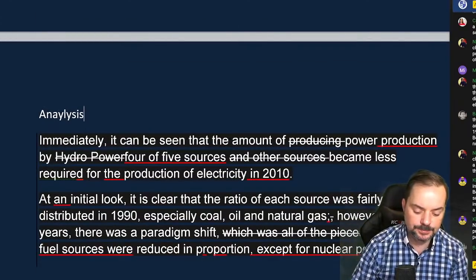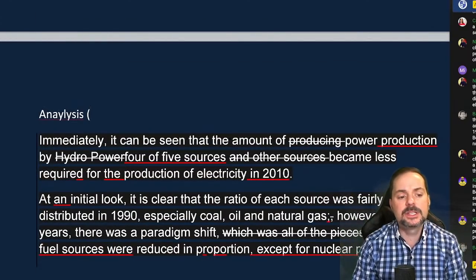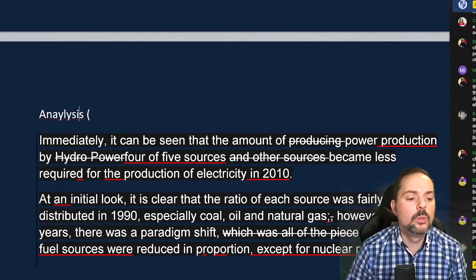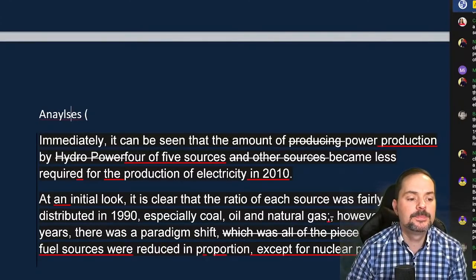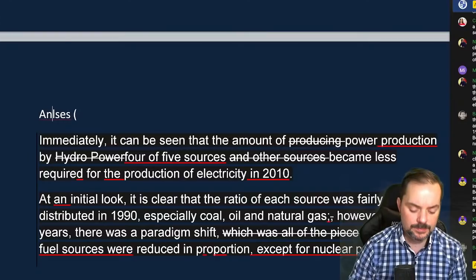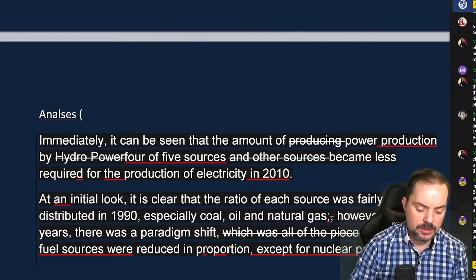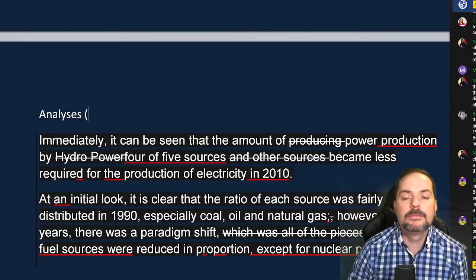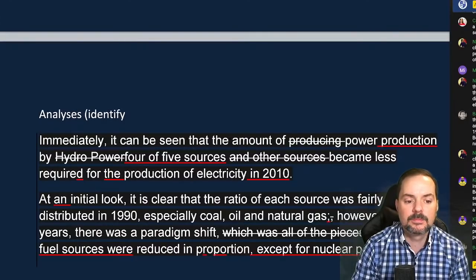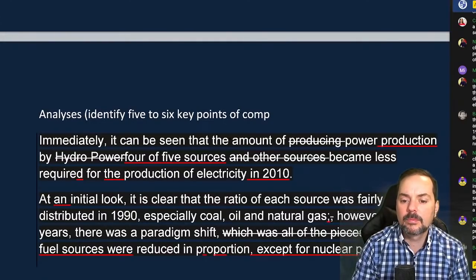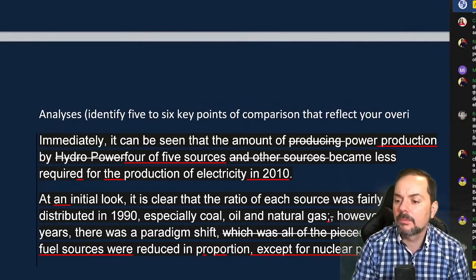All right. And so for the analysis, you do exactly what I just showed you, whereby you identify 5 to 6 key points of comparison which reflect your overview.